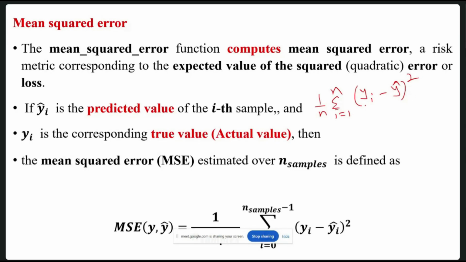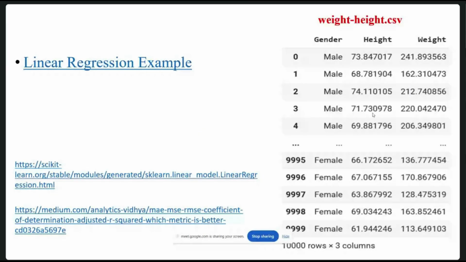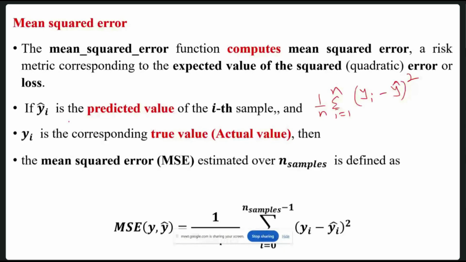Okay. So like that there are different measures, like root mean square error. We have different techniques, like mean square error, root mean square error, r square value, and adjusted r square value.